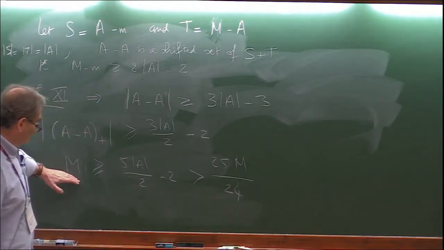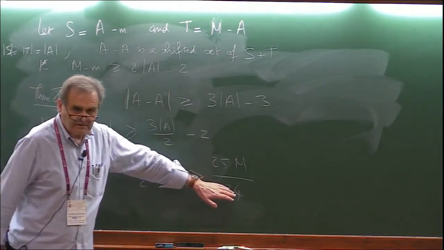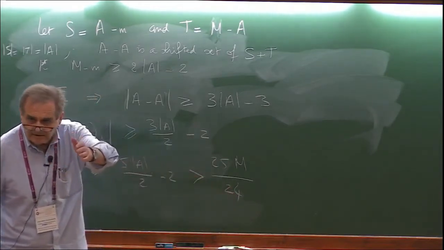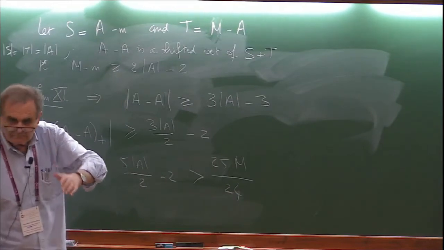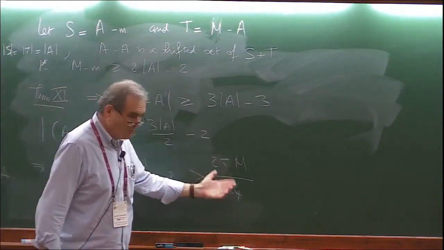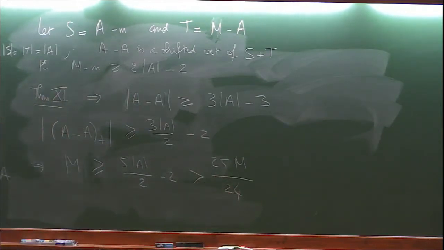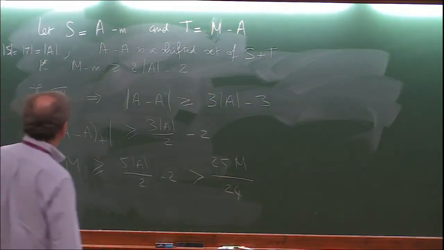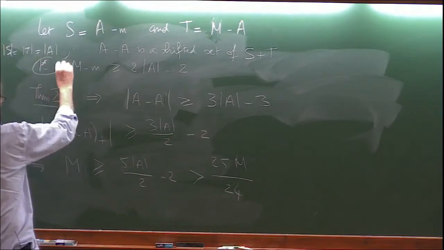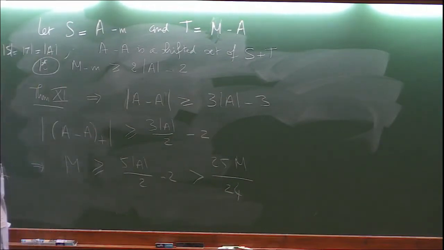That m is something which is larger than 1 point something m, okay? This is much larger than 1m. So this is fine, you are happy with that, and so this is done. So first case, you may forget about it. This is not possible. Okay, it's done, we have everything.